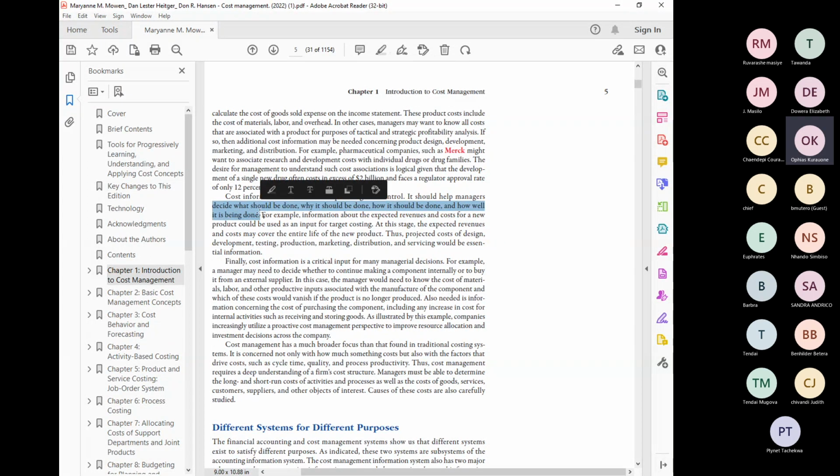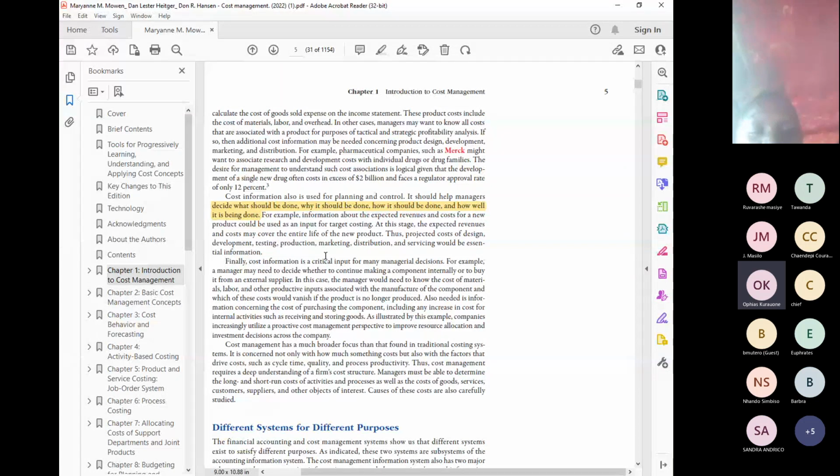That is a very important issue when you are doing a cost management system. For example, information about the expected revenues and cost of a new product could be used as an input for target costing. Then you use that given information for the target costing.